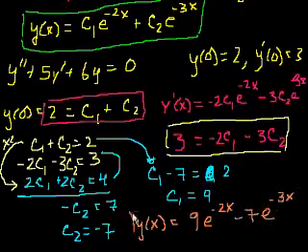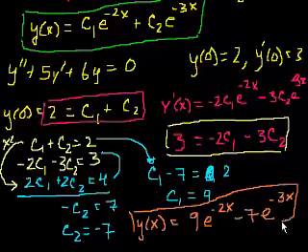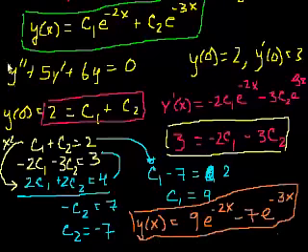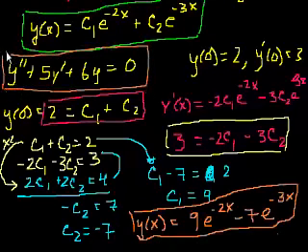That is the particular solution to our original differential equation, and it might be a good exercise for you to actually test it out. I'll do another example in the next video. I'll see you soon.